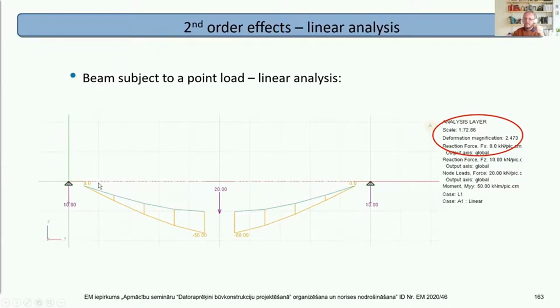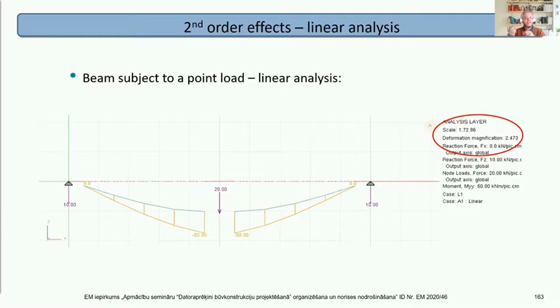So this deformation diagram is being magnified by 2.5 times by the software to give us a sensible looking shape. Now, this is currently deflecting a meter, so a 2.5 magnification is not a meter by 2.5. We're looking at several hundred millimeters deflection here on this beam. That is a lot. That is more than the deflection allowance.